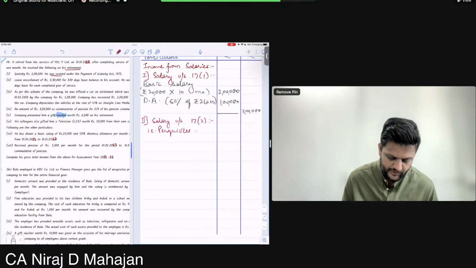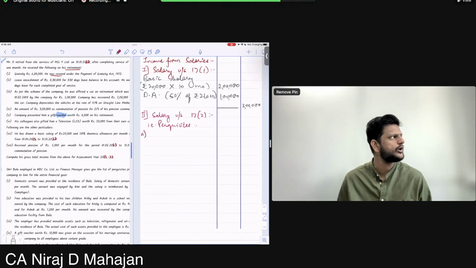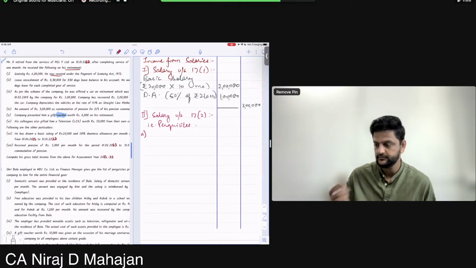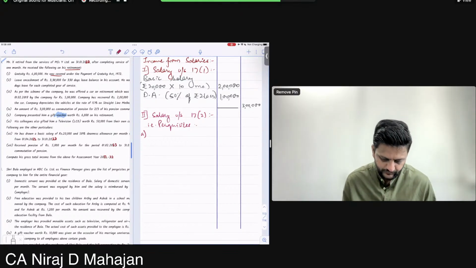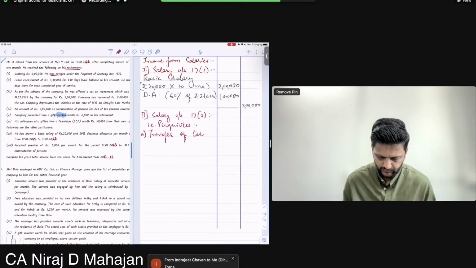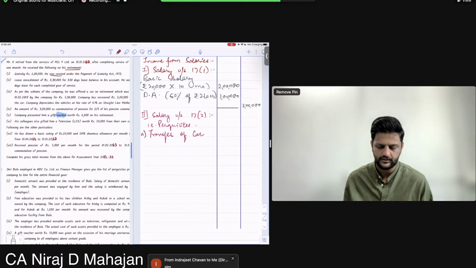So the first part in that is what? Use of car or transfer of car. Which case is that? It is transfer of car.